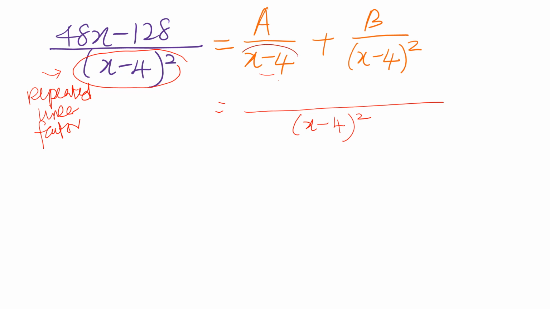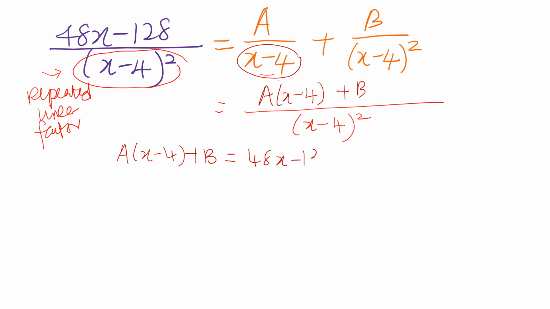Okay, the lowest common multiple of these two would just be x minus 4 to the power of 2. And of course, this one here, I need to multiply with x minus 4. And this, since I've already got x minus 4 to the power of 2 as the denominator, I don't need to multiply any extra. Okay, alright, so the two fractions are equivalent. So a bracket x minus 4 plus b will be equal to your 48x minus 128.